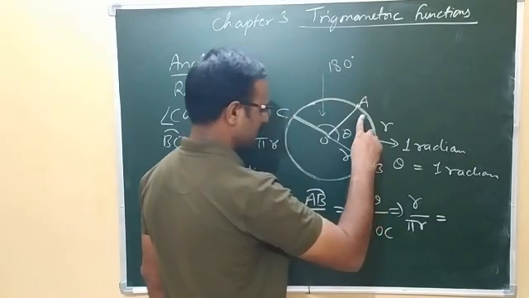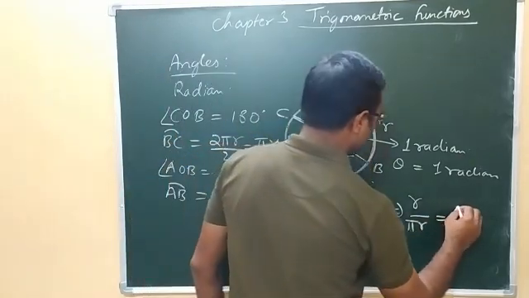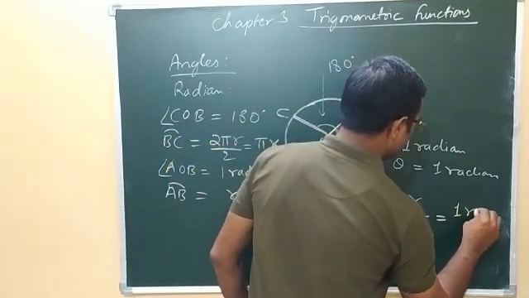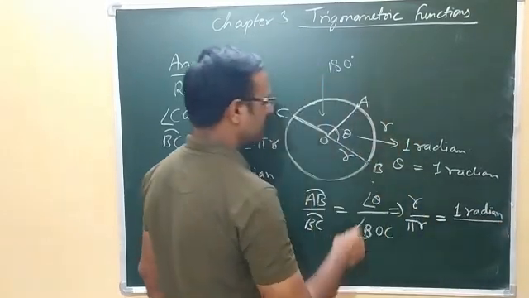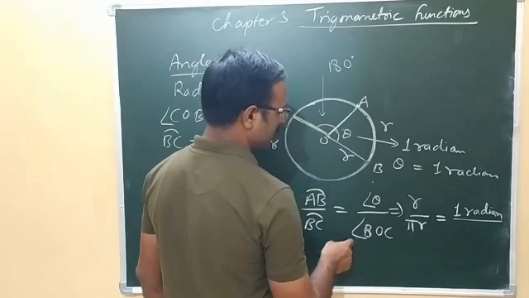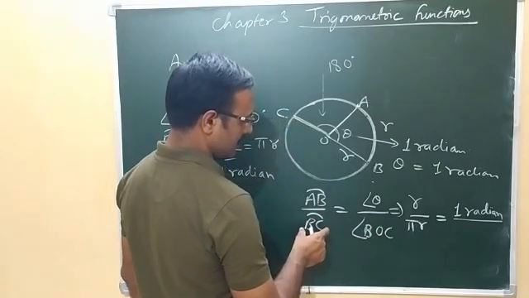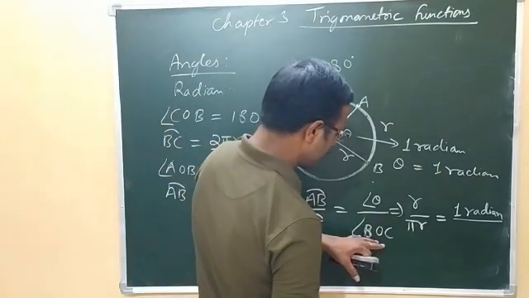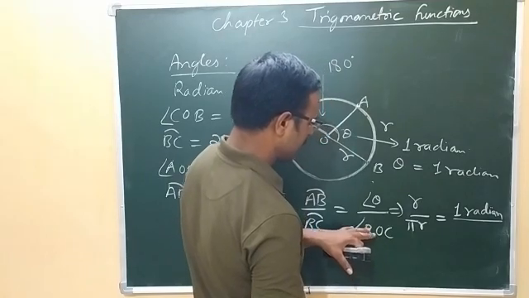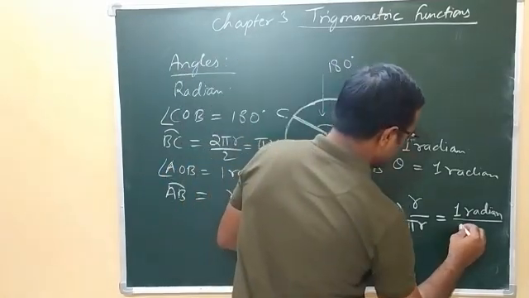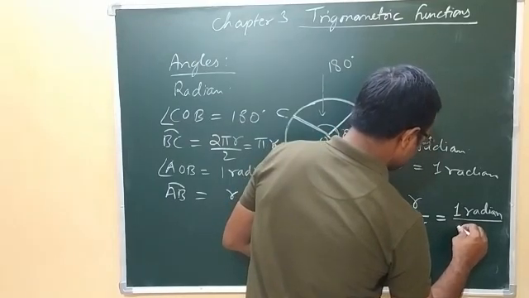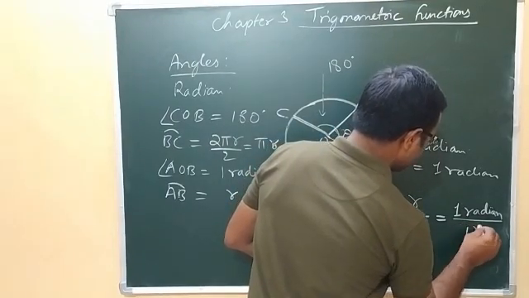This is equal to angle theta, which is actually 1 radian, upon angle BOC, and angle BOC is equal to 180 degrees. So you can put it as 180 degrees.